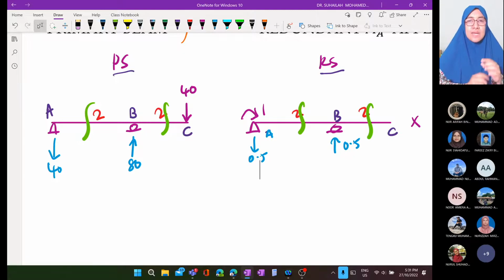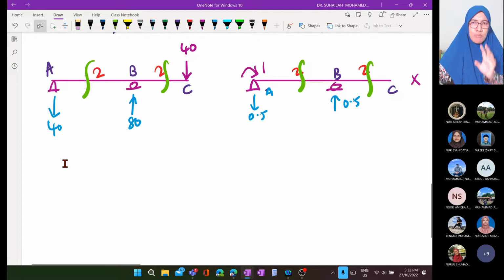And redundant structure is a determinate structure subjected to a unit value. So this time, this one is redundant MA applied, a unit moment at A. With this, we have to calculate reaction, and after that, write moment equation.